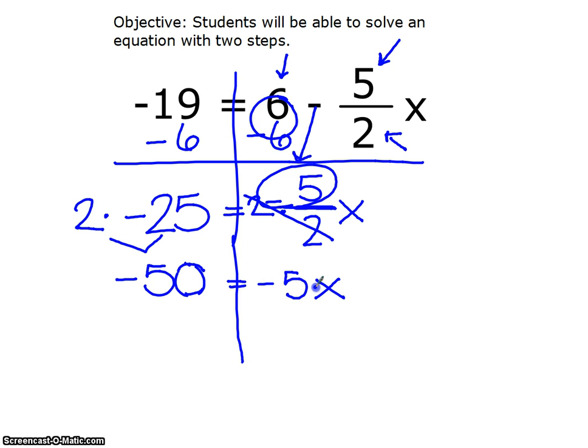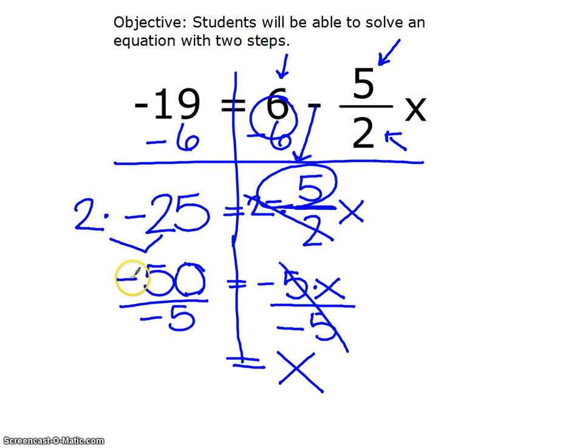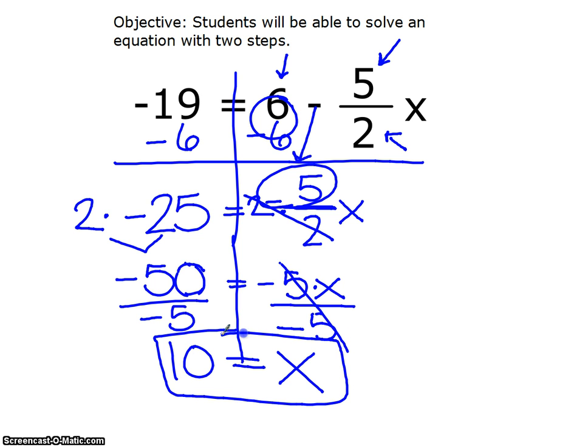And then last, this should look like what we've done. This negative 5 is multiplying, so I need to get rid of that. I'm going to divide by negative 5. Negative 5 divided by negative 5 is a positive 1. Everything needs to get away from the x. 50 divided by 5 makes a positive 10. Negative, negative make positive.